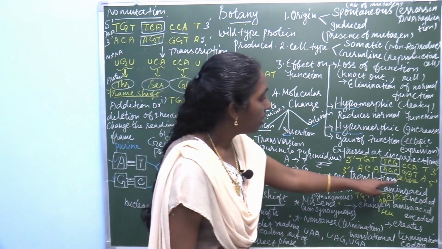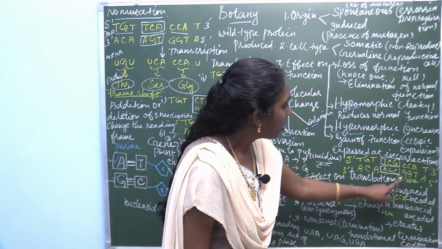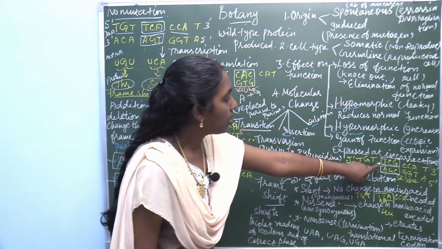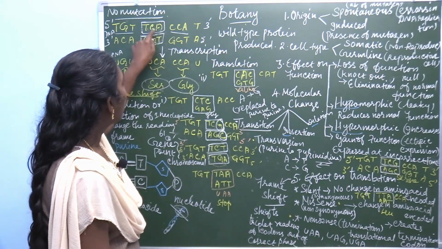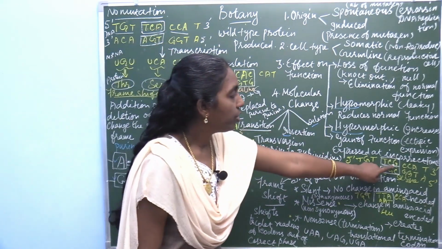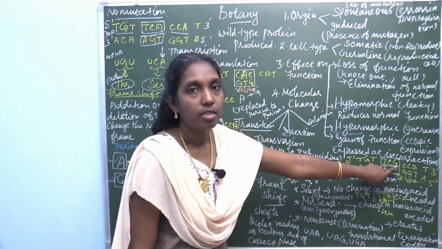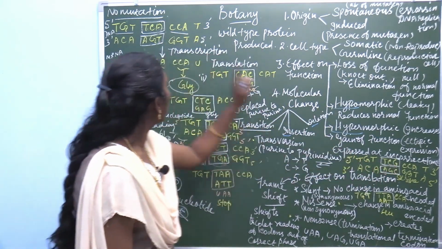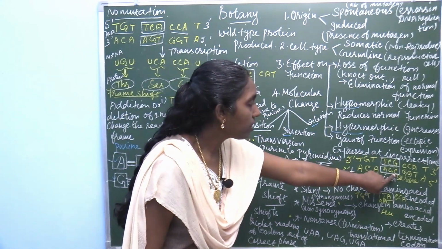But here, serine is still formed: instead of TCA, instead of adenine, guanine is there, and instead of thymine, cytosine is there.